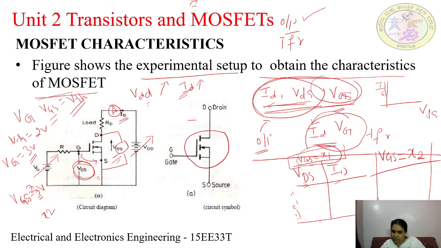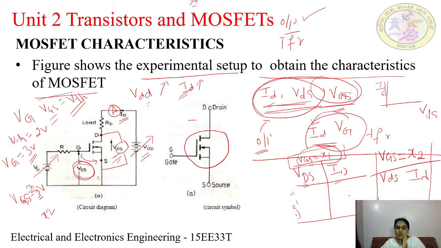After taking all these readings, I reduced VDD back to 0. VDD means this power supply. After that, I shifted to the input side and changed the value of VGS to the new value, which is 3 volts. Then I fix it at 3 volts, come again to the output side, vary VDD, and take the readings for output voltage VDS and output current ID.